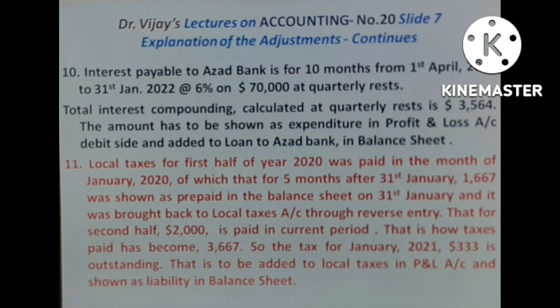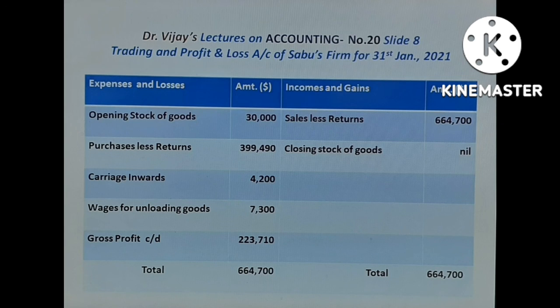That is outstanding, 333. So the local taxes is outstanding for 1 month, that is January 2021. That is to be shown, added along with local taxes in the profit and loss account debit side and to be shown as liability in the balance sheet. Okay.